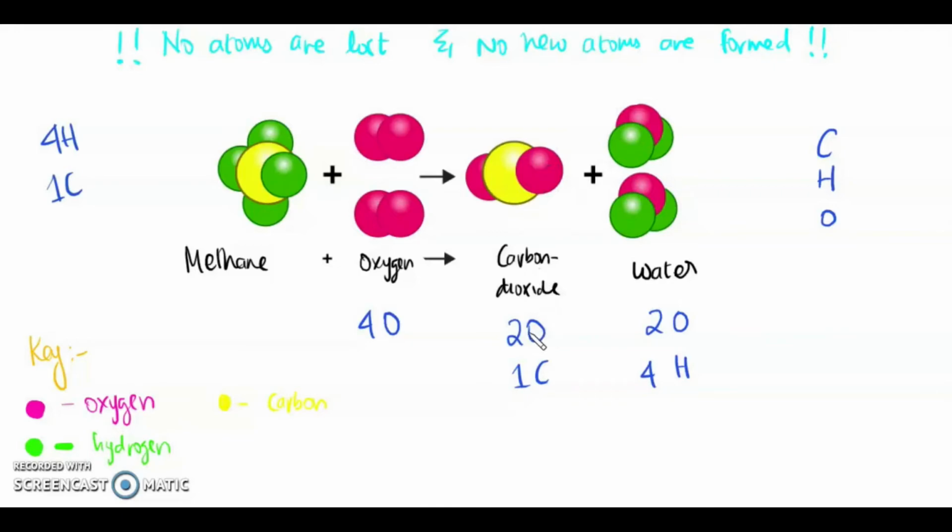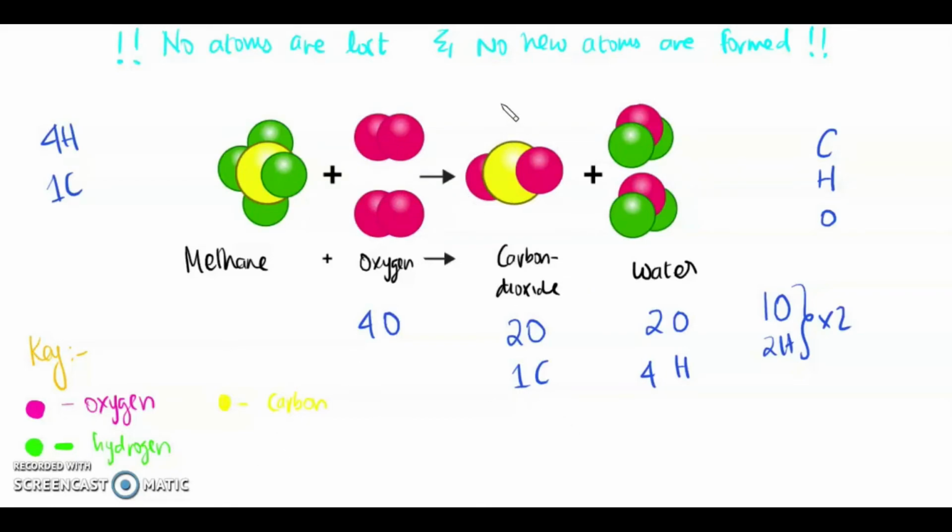Carbon dioxide contains 2 oxygen, 1 carbon. One water molecule contains 1 oxygen, 2 hydrogen. Since we have 2 water molecules, we are just going to multiply that by 2, right? So we have 2 oxygen and 4 hydrogen. So you can see pretty clearly that during a chemical reaction, the atoms of the reactants rearrange themselves to form new products, to form new substances, right?